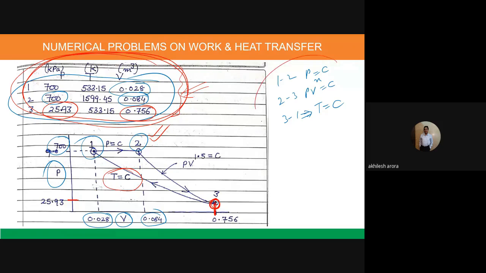If you have these three processes and you have to draw this PV diagram for the whole cycle, are you able to draw it without calculating the values or not? If you can, then you have understood. Mind it, it's not necessary that you calculate the values. You can always draw this diagram without calculating the values also. So give a try to it.